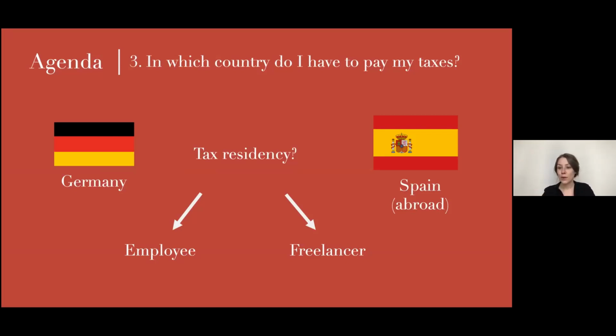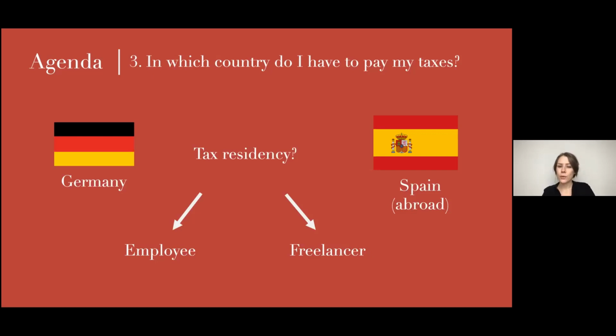And the problem is, if you are working permanently from another country, for example Spain, but for a company which is based in Germany, both countries, Spain and Germany, could have the right of taxation. And your task as a taxable person is obviously to clarify which country has the right of taxation. Is it Germany or Spain?